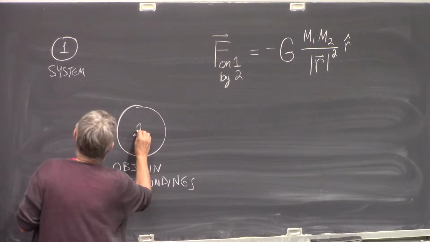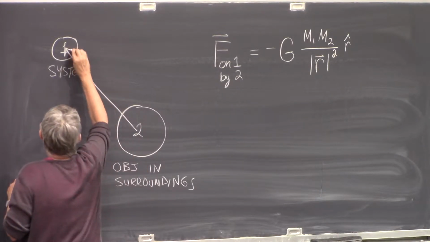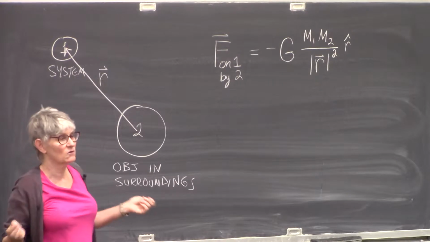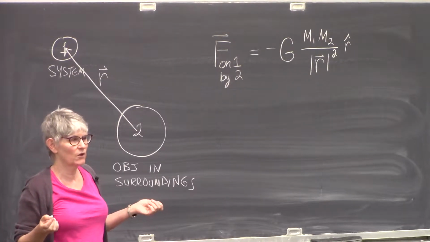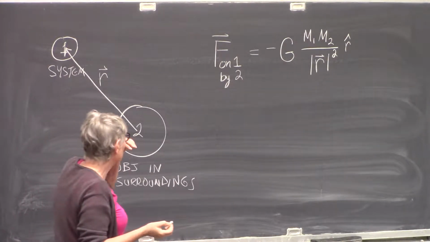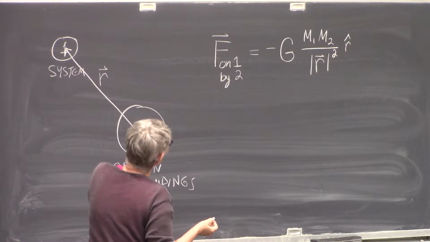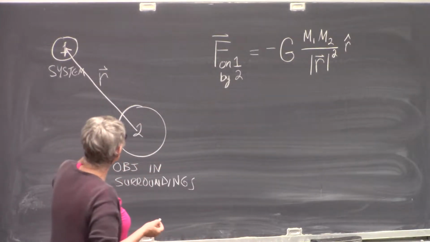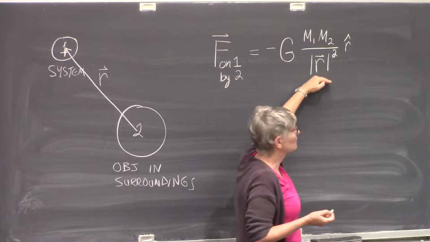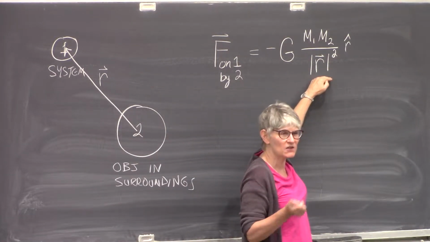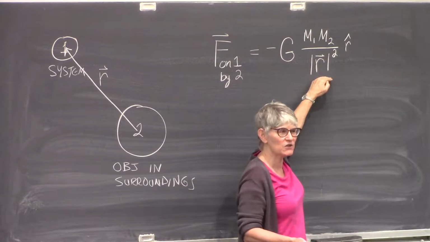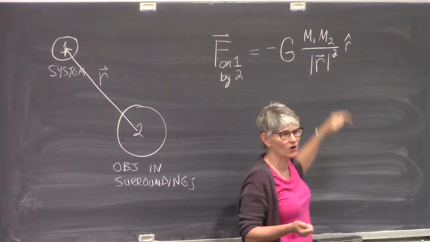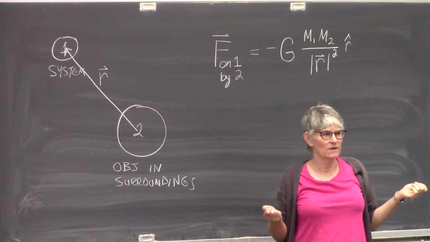It has units of meters because it's a relative position vector. So the force depends on distance: as distance increases, the force decreases a lot because it's magnitude of r squared. Magnitude of r is just the distance, right?